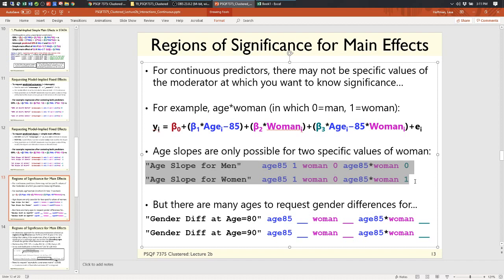But going the other way, to interpret this interaction, one way is how the age slope differs by gender, the other is how the gender difference depends on age. Either is equally correct, but if I go the other way, how many beta 1s do I need to get the gender difference?